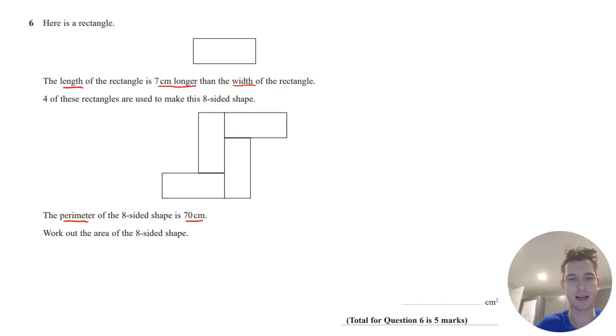I think it would make sense to call the smaller side, i.e. the width, x. If I use some algebra here, I can make an equation and solve it. So if the width is x, what is the length? Well, 7 centimeters longer, x plus 7.